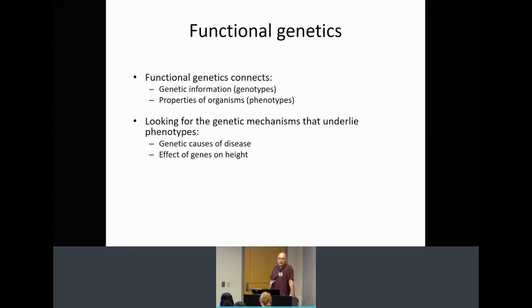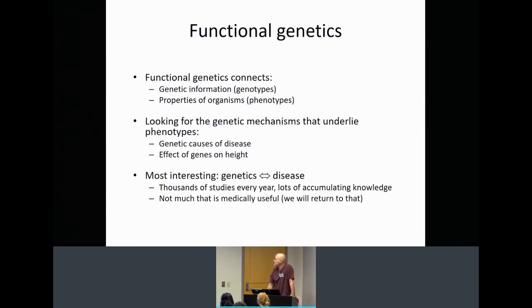One is we're looking for statistical associations between them, but we are really hoping to get at the mechanisms that connect them through biology, right? So for example, not only the statistical associations, but the actual genetic causes of disease.